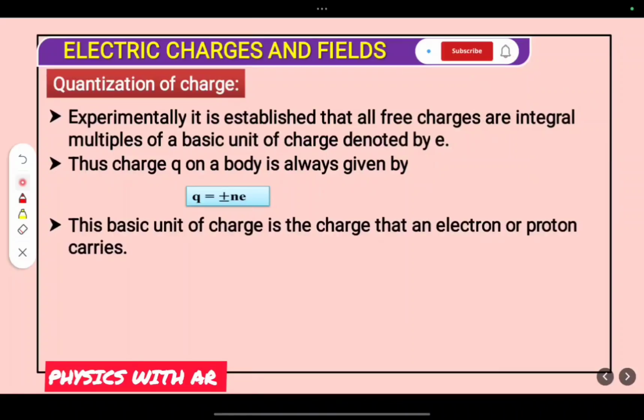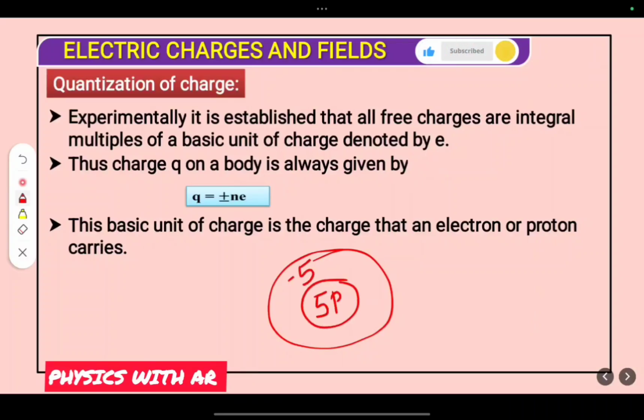The basic unit of charge is the charge that an electron or proton carries. For example, let me take a body A with 5 protons along with 5 electrons.